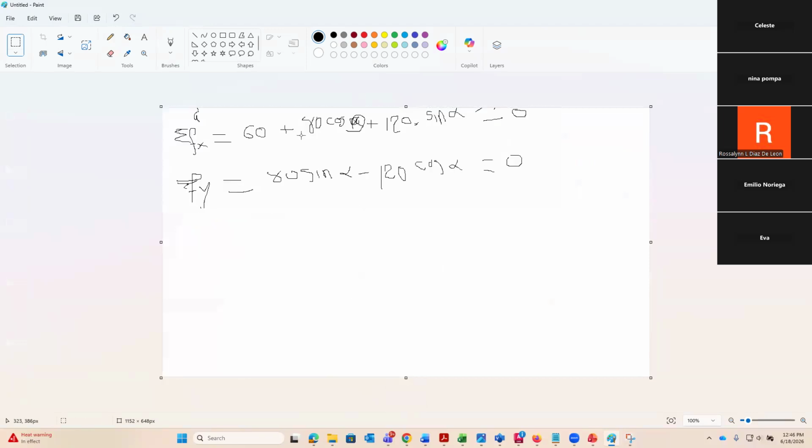If you divide everything by cosine alpha, because you have cosine alpha, sine alpha, sine alpha, cosine alpha, then sine alpha divided by cosine alpha is gonna be 80.